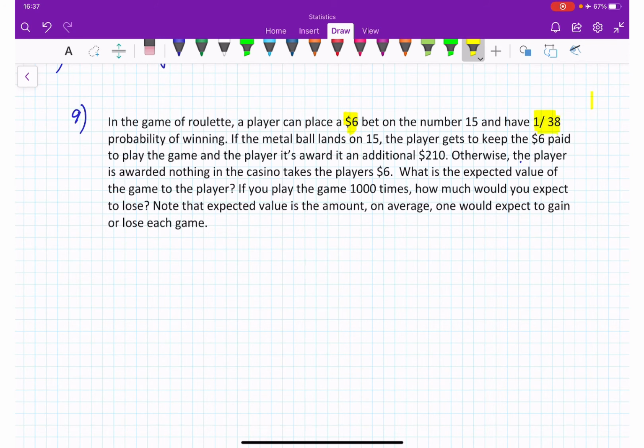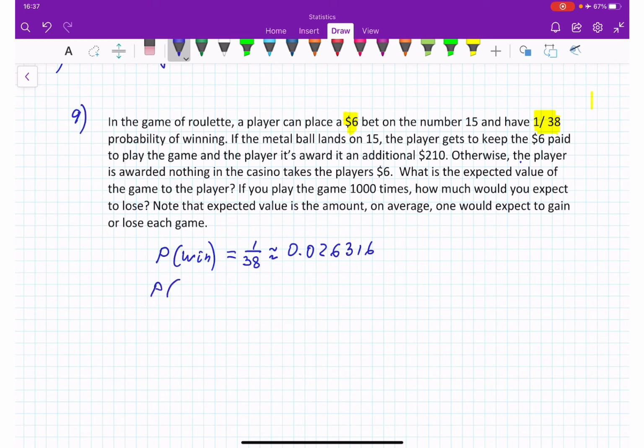a 1/38 probability of winning. So let's write down: probability of winning is 1/38, which is approximately 0.026316.